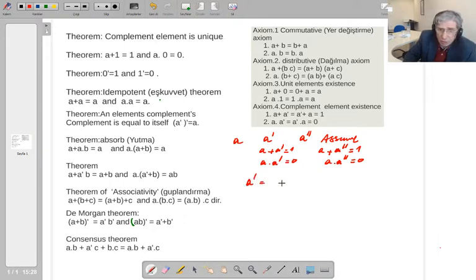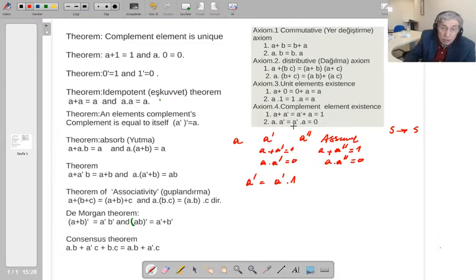If I write A prime times 1, I can write that according to that axiom. Why? Here it is A, but this is A prime. You know that the complement operation is a function from S to S. So when you get A prime here, A prime is also an element of S, isn't it?